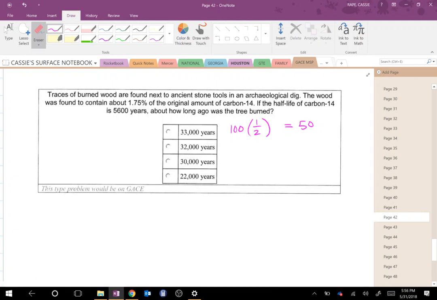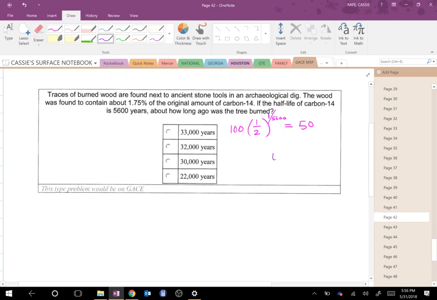in 1 year, because it takes 5,600 years. If you have 1 year up here, that's only 1/5600th of how long it takes to get to 50% of the tree that's left. So what this problem is saying is, notice that the 1 is the number of years.